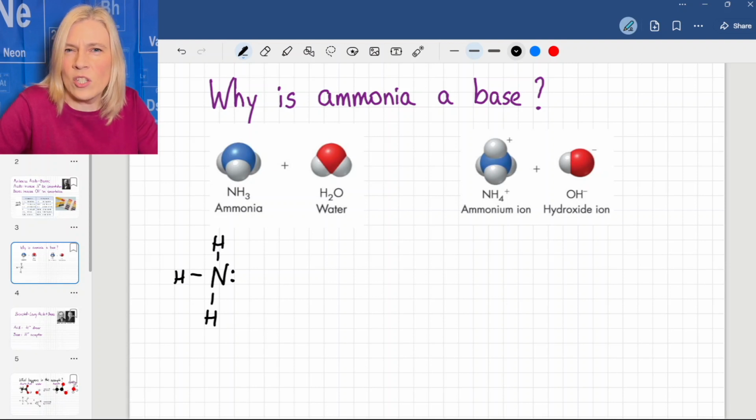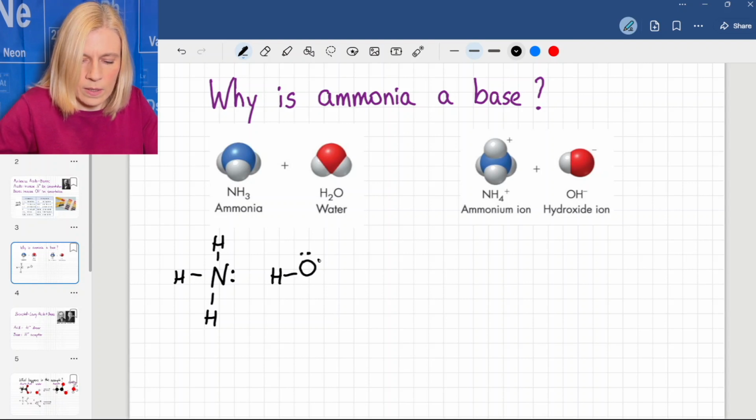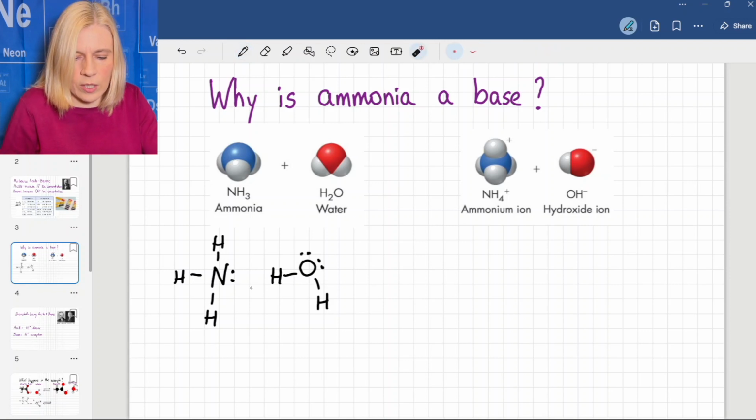It doesn't have a hydroxide ion. So how can ammonia be a base? Well, let's draw water next to it. Here's water. And remember, there's a very strong attraction between this lone pair of nitrogen and this hydrogen. It's so strong that it's hydrogen bonding, right?